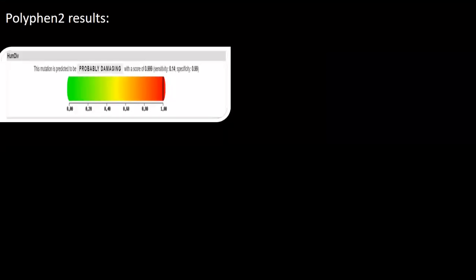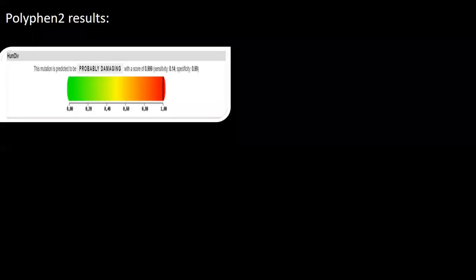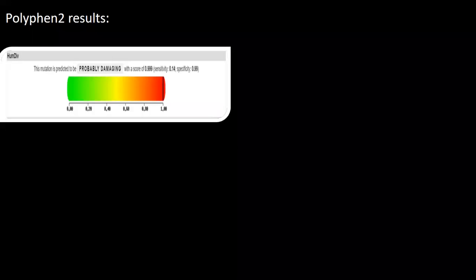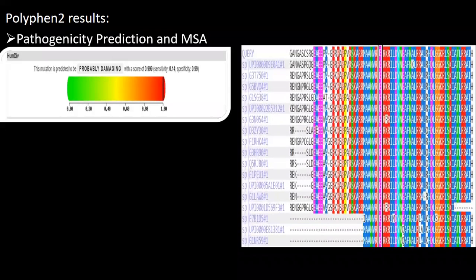So this is the result of PolyPhen-2. We can see it also says probably damaging, meaning this has the ability to damage the function of the protein. If we check the multiple sequence alignment of our query with the others, it is highly conserved on either side.